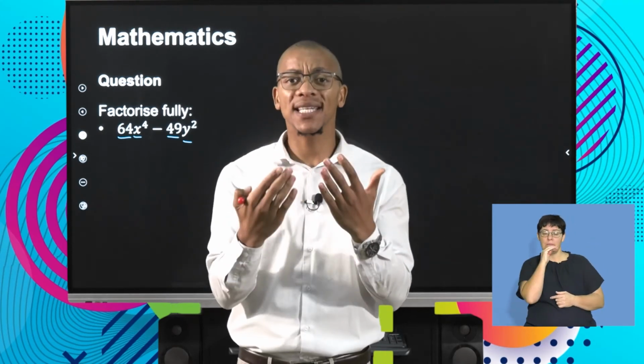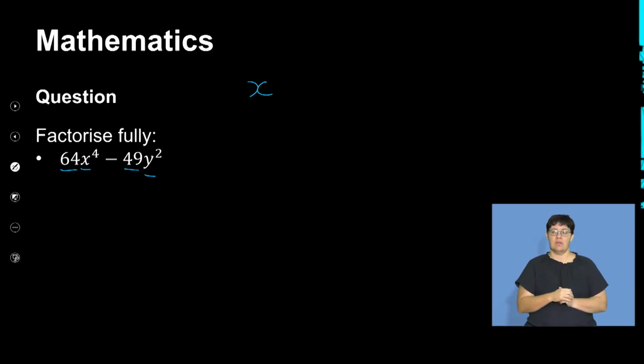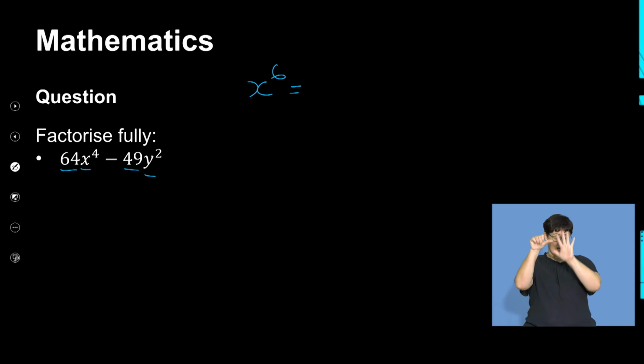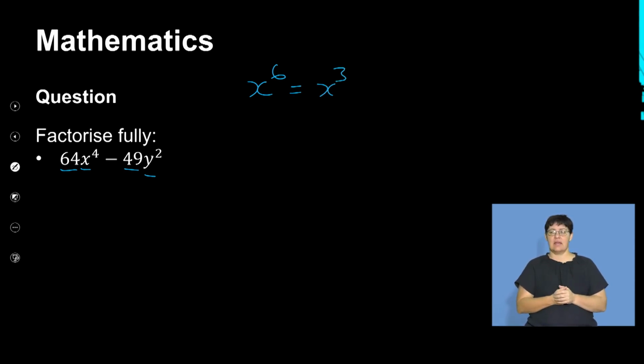Why? Because a perfect square is a number such that you can multiply two numbers and you get that number that we are claiming is a perfect square, right? So let me make an example with maybe x to the exponent of 6 so that we see this. Remember, if I have x to the exponent of 6, I can multiply x to the exponent of 3 with x to the exponent of 3.